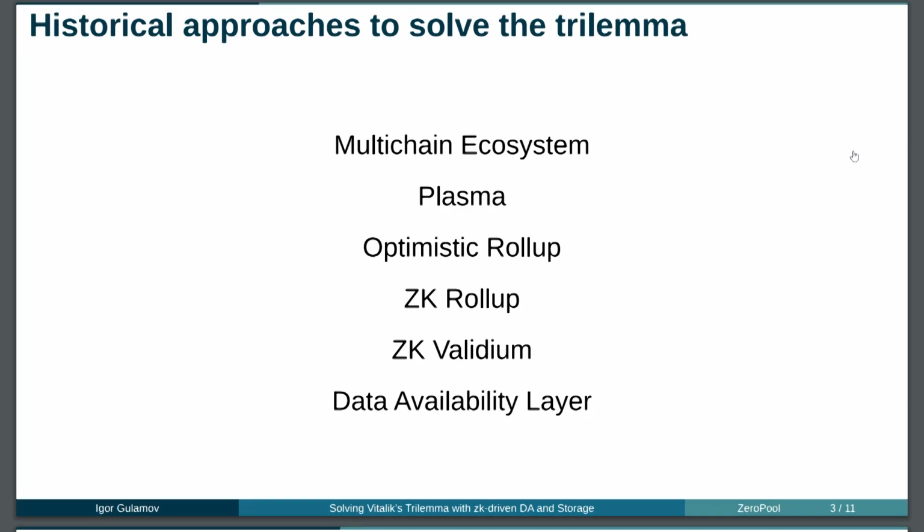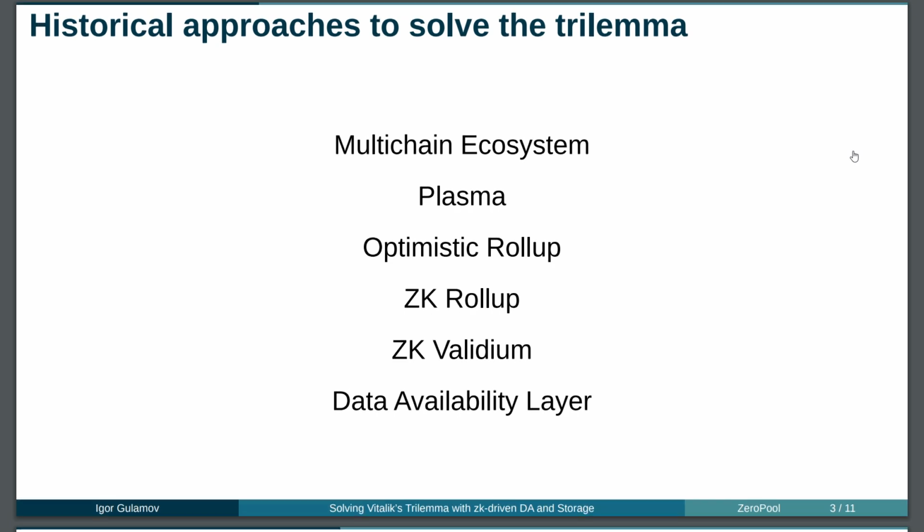Here is a historical approach to solve the trilemma. The first one is the multi-chain ecosystem. It was inspired by Polkadot and Cosmos. The idea is to make a core engine and make a lot of blockchains on top of it and provide blockchain interoperability due to the same core engine.